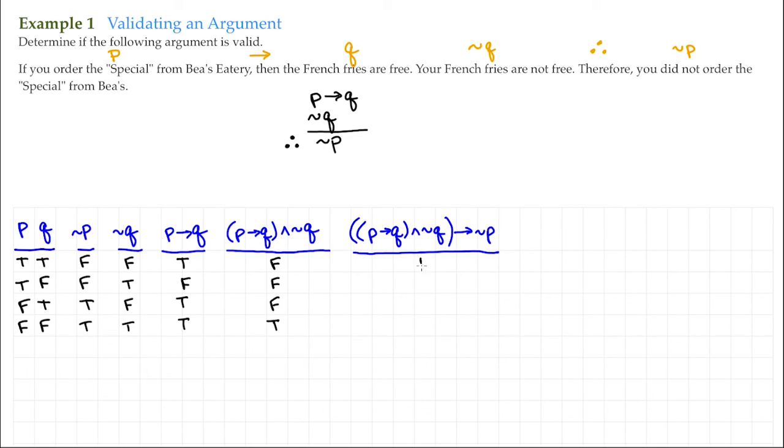So all the results here are true. When all the results are true, this is a tautology. A tautology means the truth values are all true. Since the truth values are all true and every one of them has to be true, then this is a valid argument. And there you go.